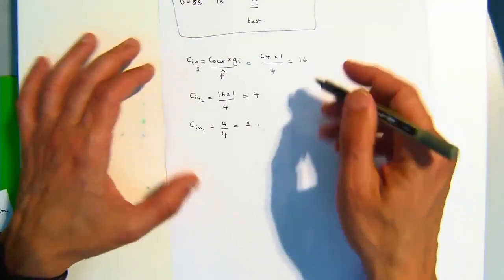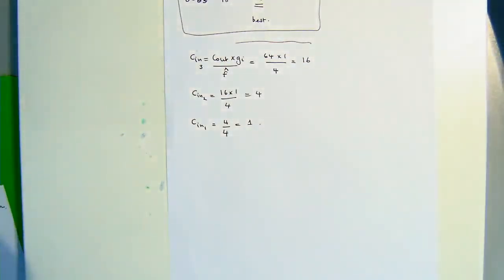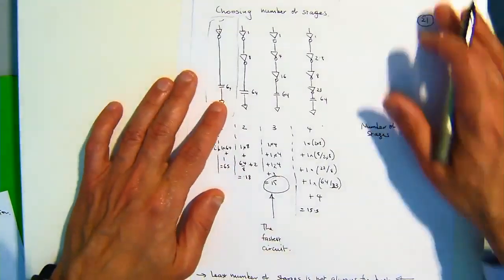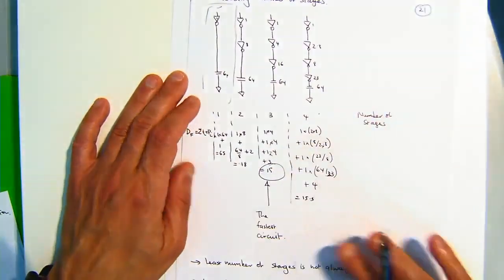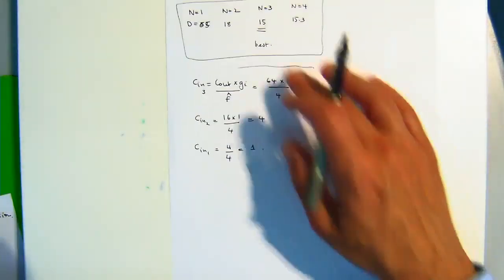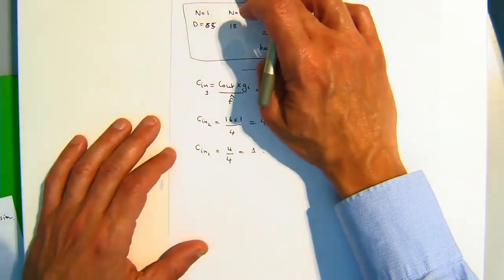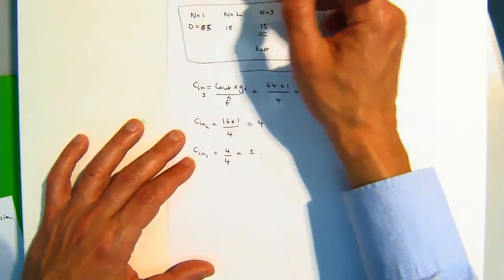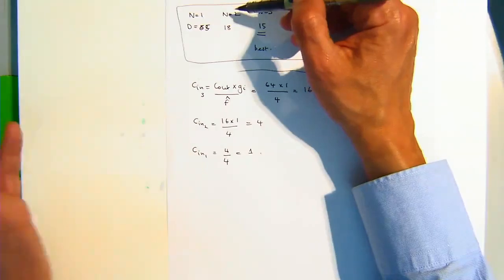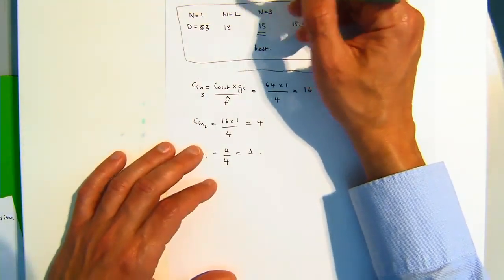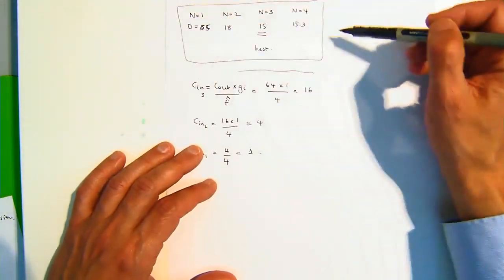Then, rather than me drawing these for you and putting the values in, if I said to you, you've got 64 units of logical effort, what's the minimum delay and what's the optimal number of stages, you can work that out.